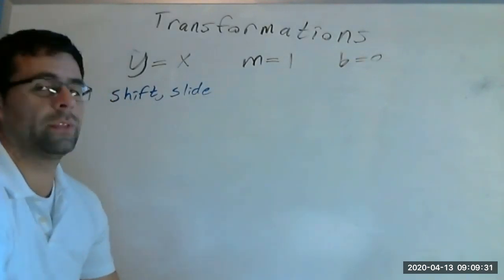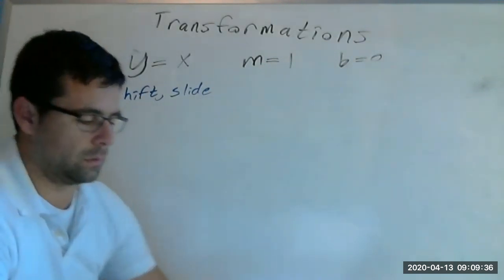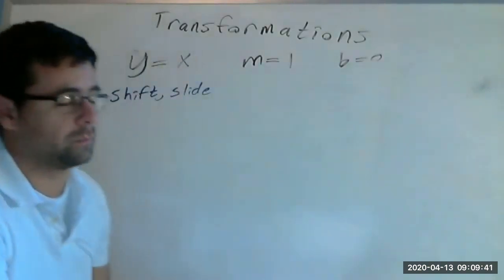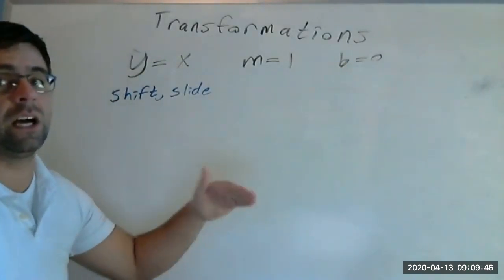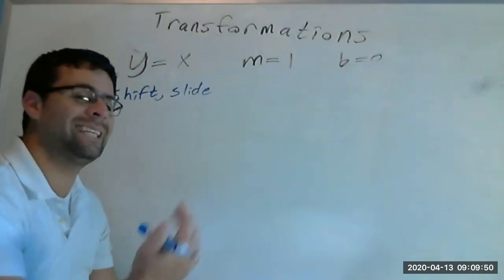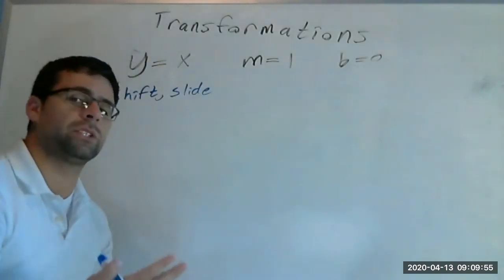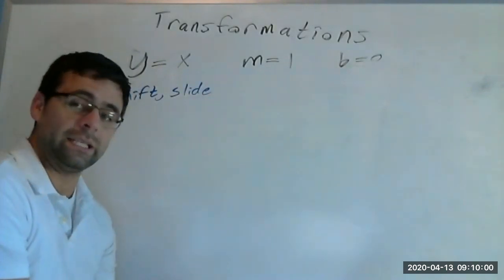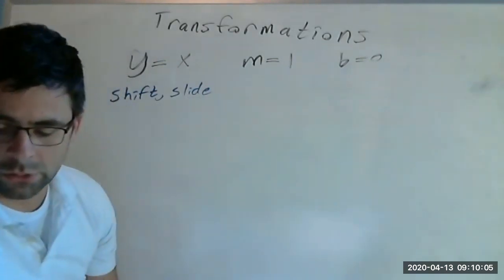The way we move the graph paper is by moving the y or the x, or sometimes both. If we want to move the line up, that would be the same thing as moving the graph paper down. If we want to move the line down, it'd be like pushing the graph paper up. So you take whatever you want to do to the line, and you do the opposite to the graph paper.